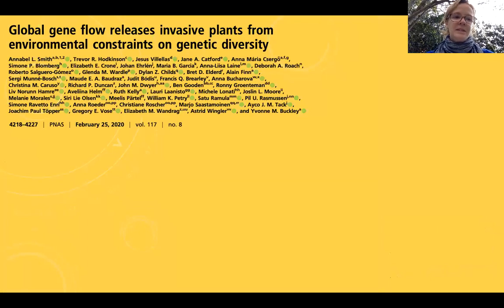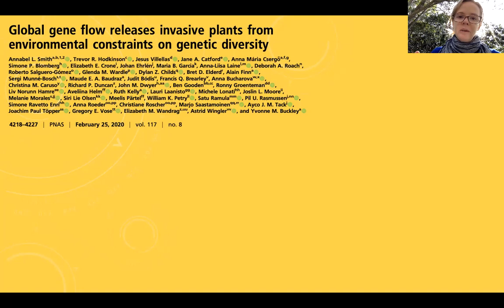This work we published in PNAS, called Global Gene Flow Releases Invasive Plants from Environmental Constraints on Genetic Diversity. It was based on the first 1 or 2 years of demographic data from the PlantPopNet network.